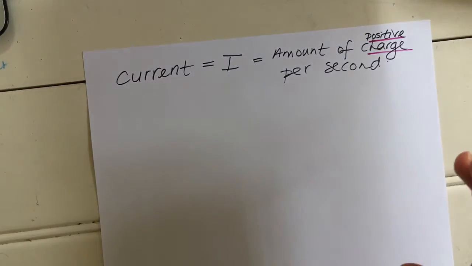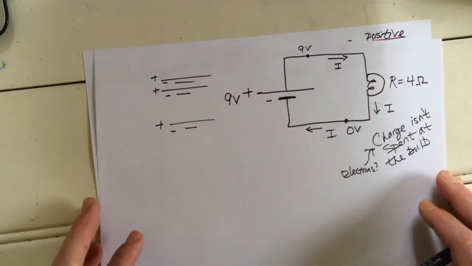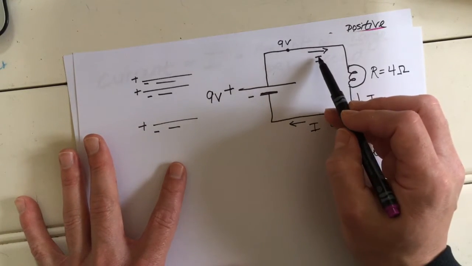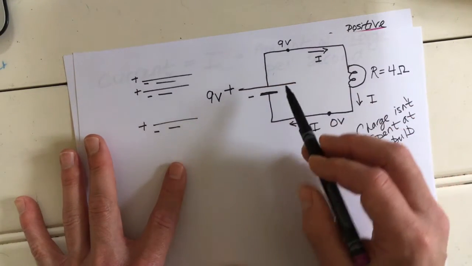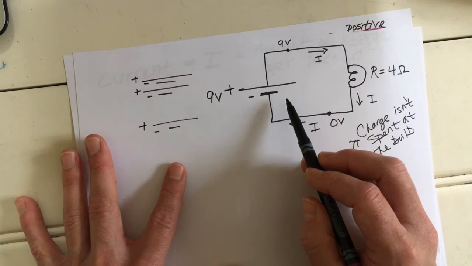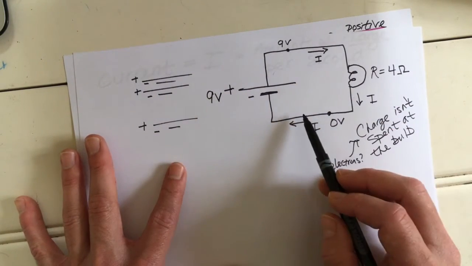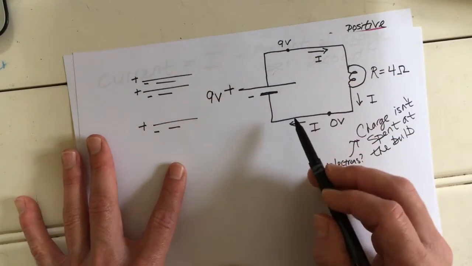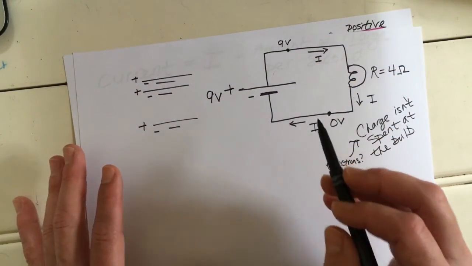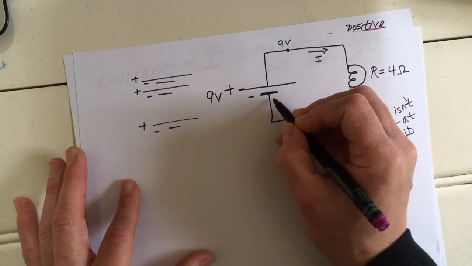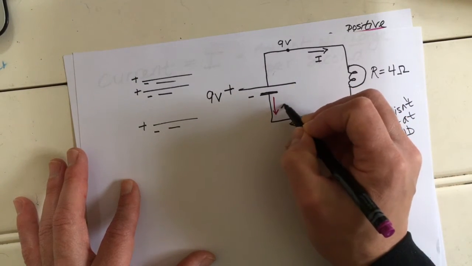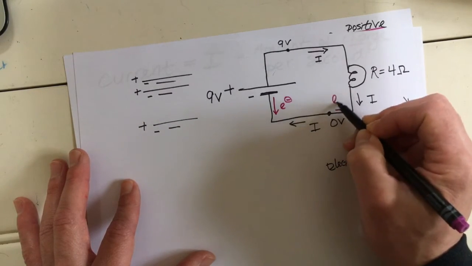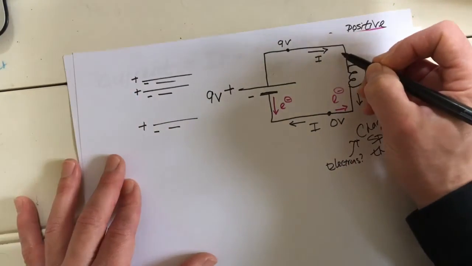And so we run into this idea with something called conventional current. Conventional current is always positive charge moving through a circuit. So whereas current moves this way, positive charge moves this way, what's really happening, even though they didn't know this, is that the electrons are moving this way. But they didn't know that.